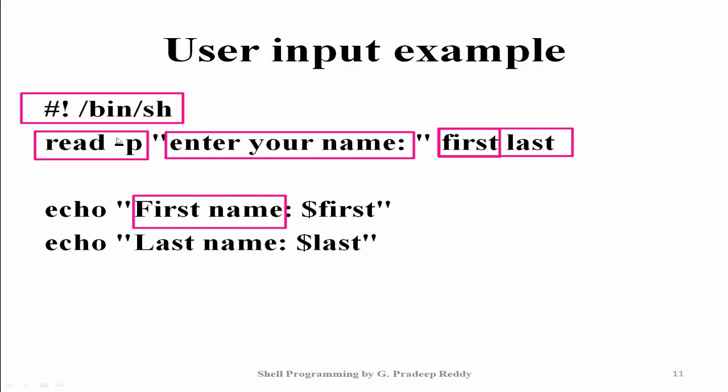If you are using -p, it is going to prompt, and it can read data on a different line. Here you specify a dollar sign in order to print the input or text entered by the user. Here you specify the last name, so that the dollar prompt reads the particular input and gives an echo of the last name. Here the user has entered a first name and last name. Echo read -p has displayed enter your name.